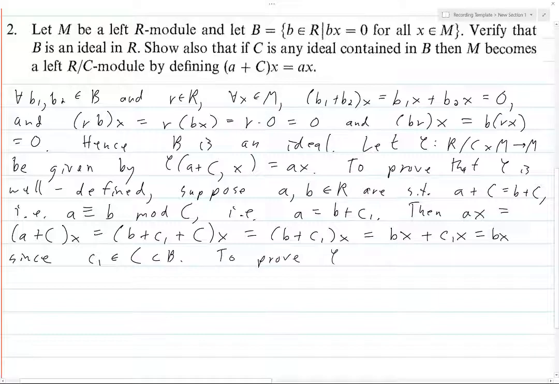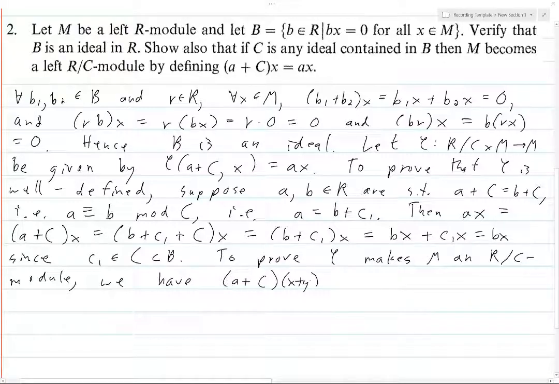To prove phi makes M an R mod C module, we have a bunch of computations. Here, let's see. I'm going to suppress the phi.